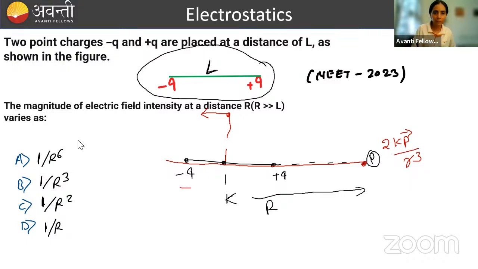So its value will be minus Kp by R cube. Why minus? Because its direction is opposite to the direction of the dipole.